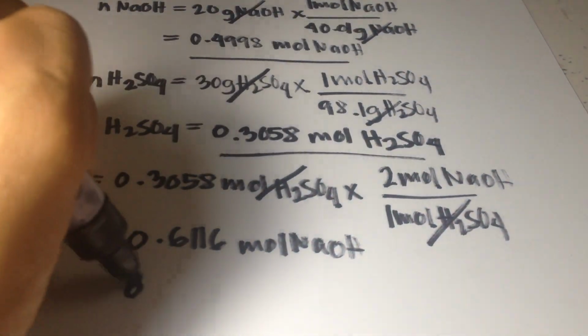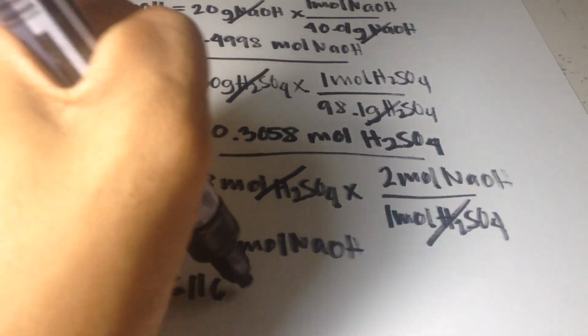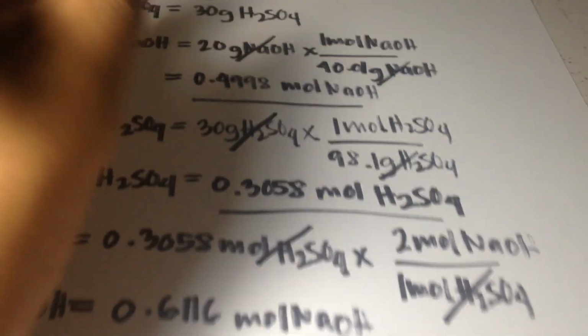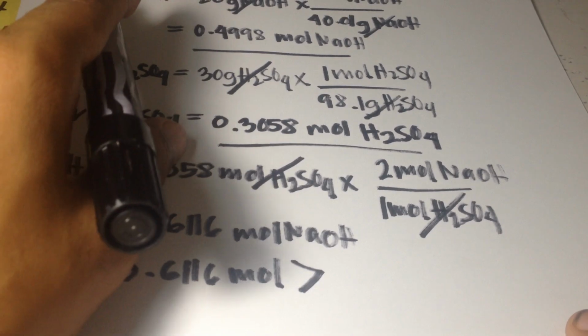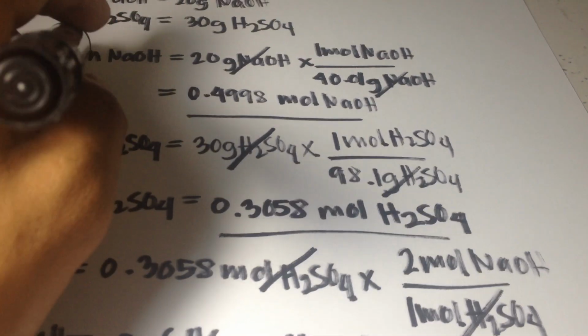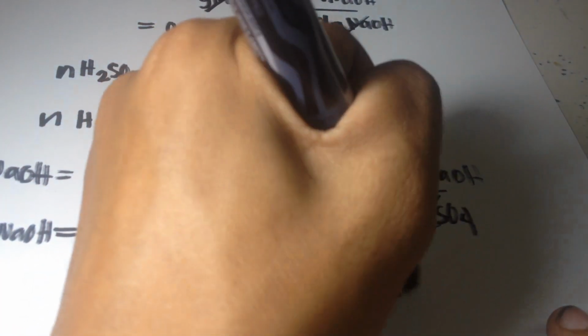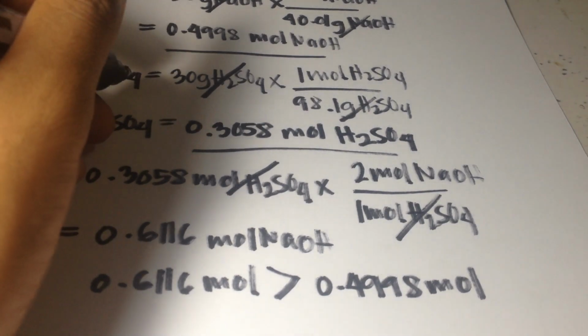So we have 0.6116 moles, which is greater than here, which is 0.4998 moles.